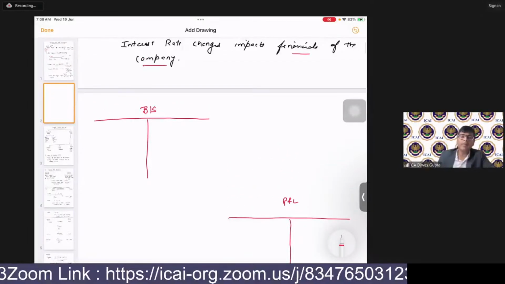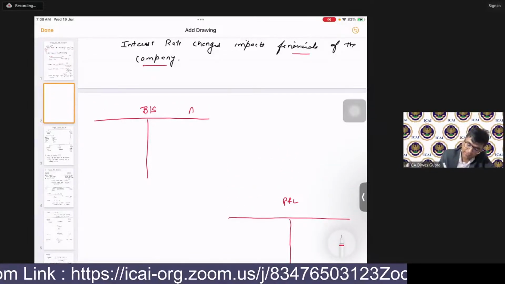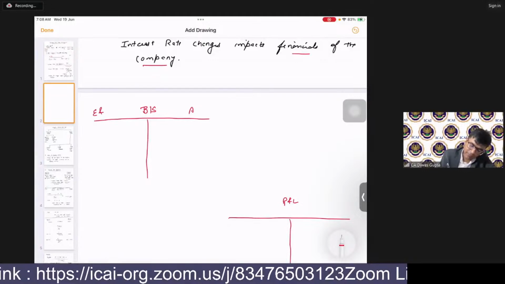Now, in the balance sheet, let's say this is the asset side and this is the equity and liability side.